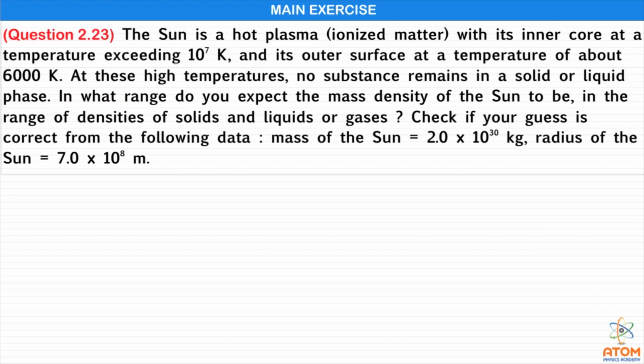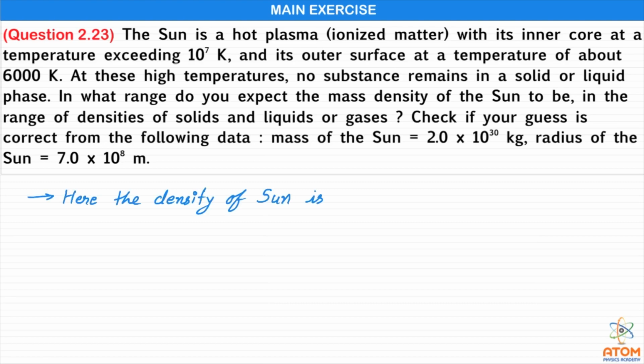In what range do you expect the mass density of the sun to be: in the range of densities of solids and liquids, or gases? Check if your guess is correct from the following data. Mass of sun is 2 into 10 raised to 30 kg and radius of sun is 7 into 10 raised to 8 meter.